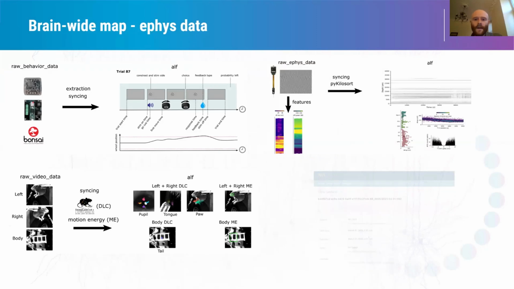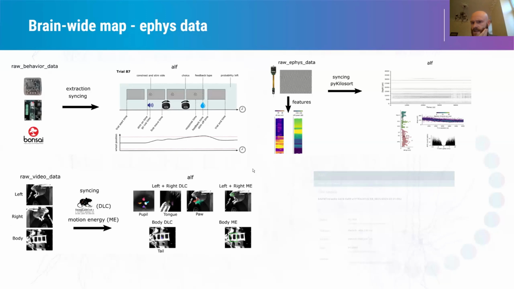And then the final piece to this is the Neuropixels data. So this is stored in the raw ephys data folder, and the pre-processing includes feature extraction and also some spike sorting with PyKilosort, and also later on we used another sorter called IBL sort.